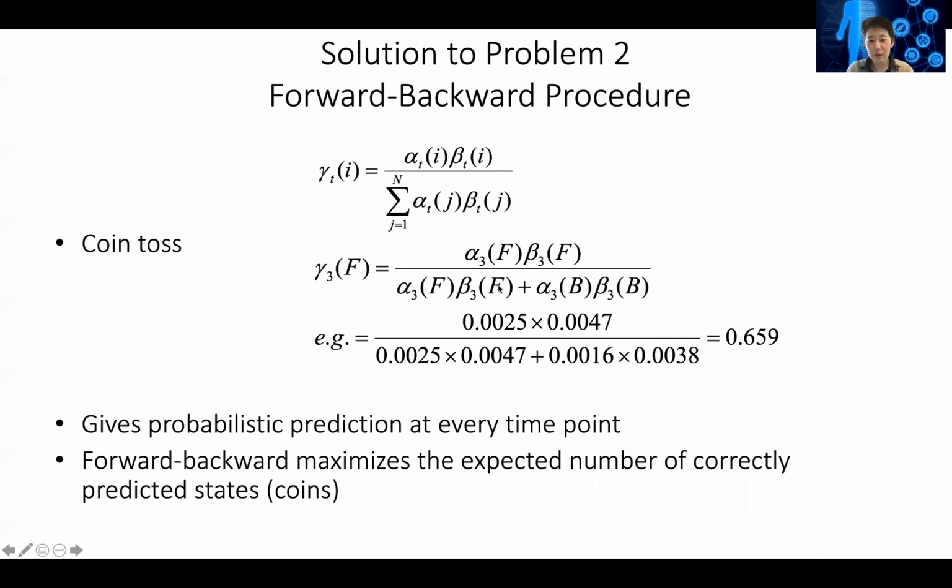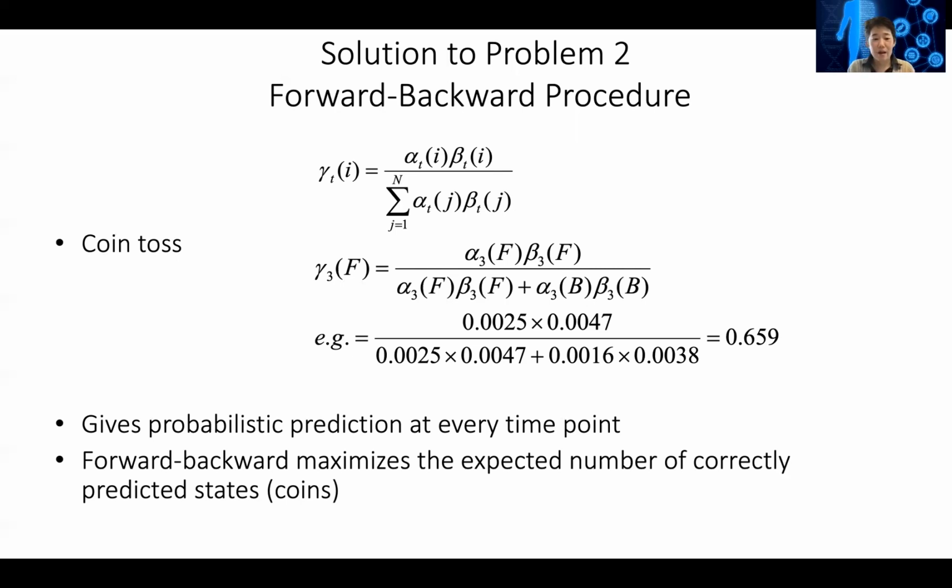So you sum these two together as your denominator, and this is your numerator. And this is the final probability, 0.659. And at this point, whichever probability is larger than 50%, that's the coin you assign to that particular position.